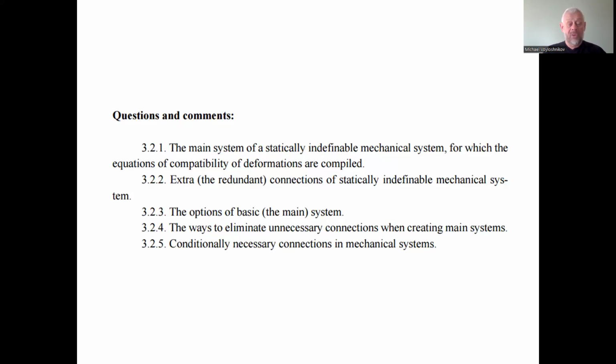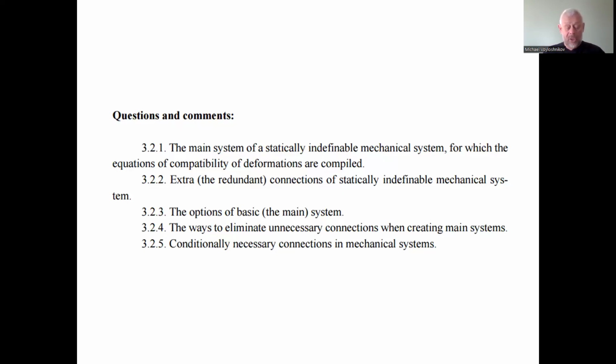3.2.4, the ways to eliminate unnecessary connections when creating main systems. We can cut the unnecessary connections, but, as in question 3.2.5, conditionally necessary connections in mechanical systems, we have to understand that there could be conditionally necessary connections and absolutely necessary connections.